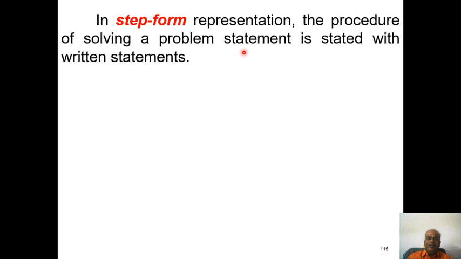That means every statement that defines an action is logically related to the preceding statement and the next statement.